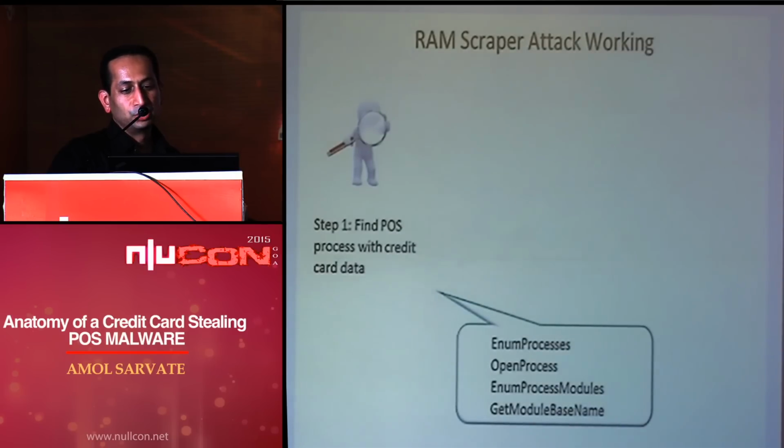The one that I use is you enum processes, then you open the process, then you enumerate the modules in the process, and then you get the module base name. What these things at the bottom are, are just API functions. These are the functions that I have used, but I'm sure all of you are good developers, so you can find any combination of functions that could be used.